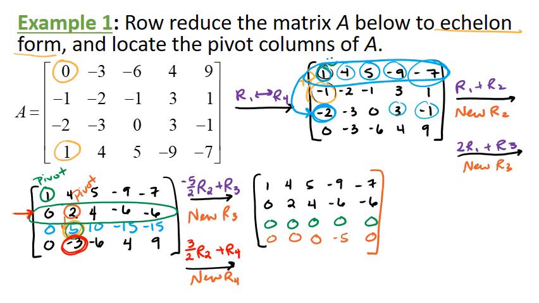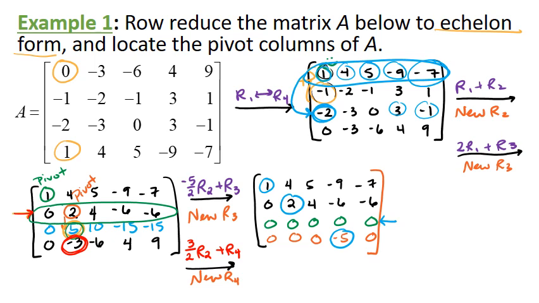All right, so let's analyze this a little bit. This is a pivot. This is a pivot. This is a little bit of a problem. I cannot create a leading entry in this. There's nothing I can do. It's all zeros.